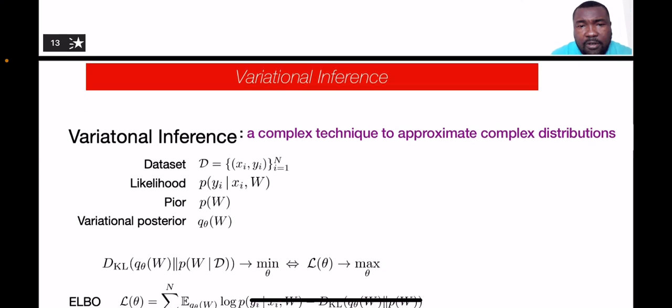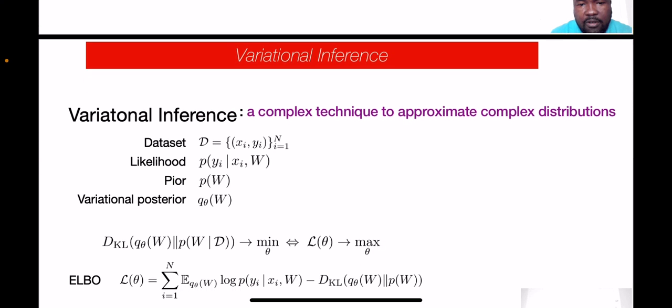Talking about variational inference: if we have a situation with a Bayesian computation, as I mentioned, we have a likelihood, the prior, and the objective is to figure out the posterior distribution. Instead of finding the posterior distribution, it's smart to approximate that distribution using the Kullback-Leibler divergence.